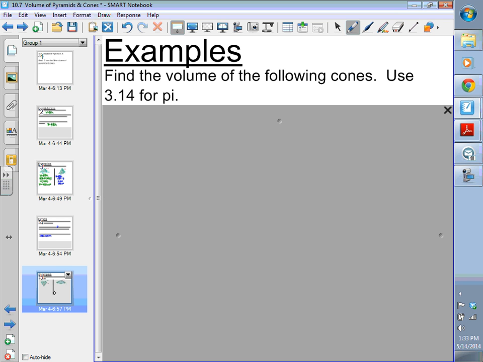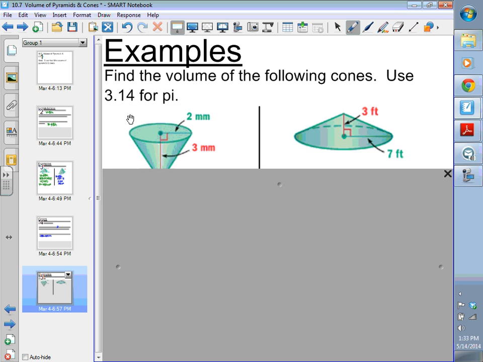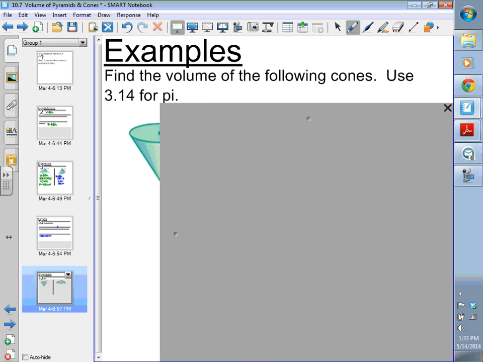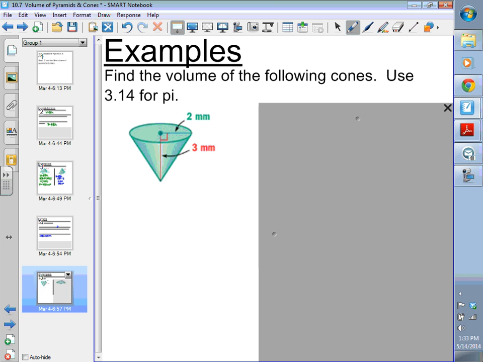All right, so find the volume of the following cones. Use 3.14 for pi. So since we're not given the area of the base, we'll go ahead with the 1/3.